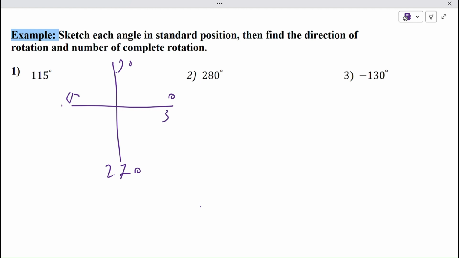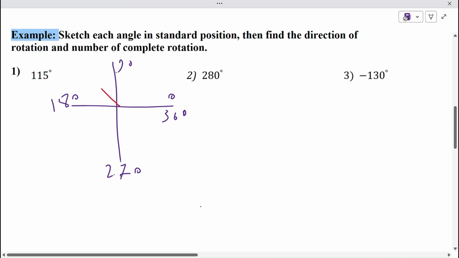Now, where is 115? After 90, we will get 115. 115 is here.